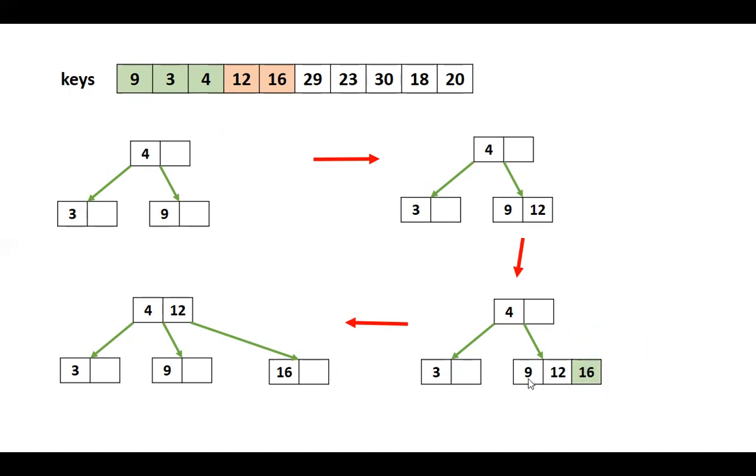The node is full now and the new element is at the end, so split the node and the median moves up. 12 moves up, 9 becomes its left child and 16 its right child.